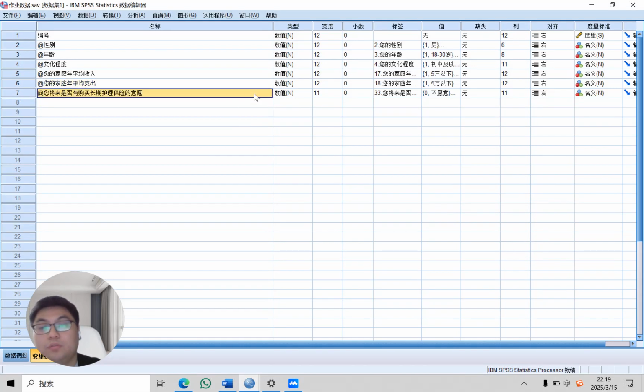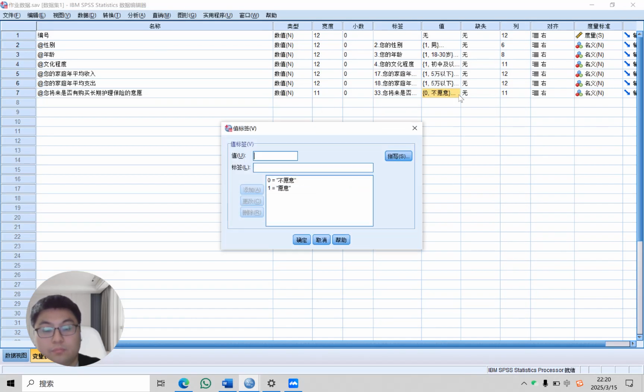But we didn't use it when calculating the variable for purchasing long-term care insurance. We just use 0 and 1 as the standard.